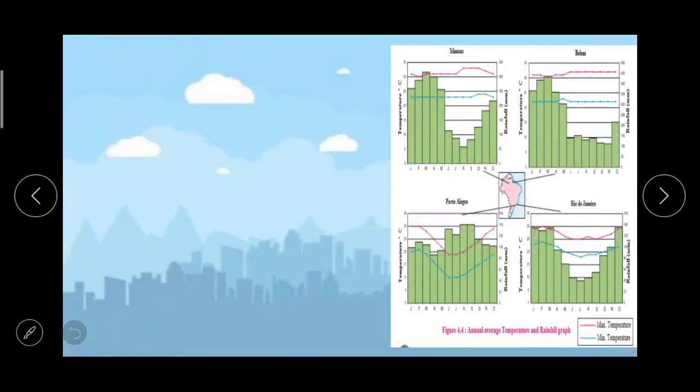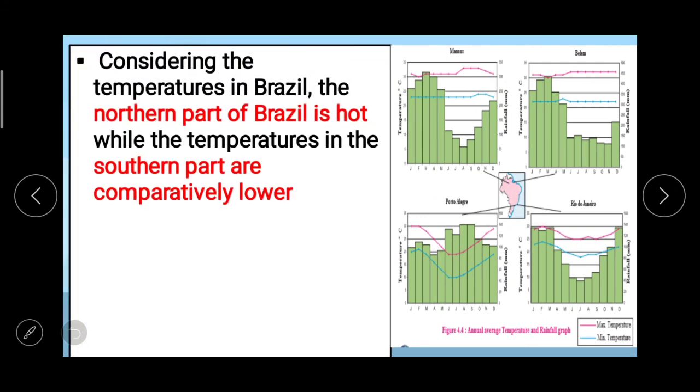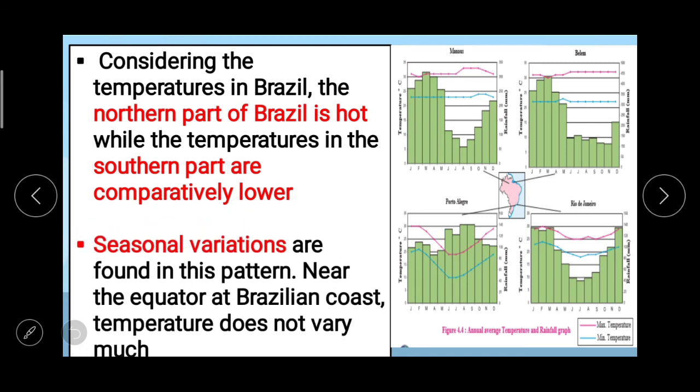Then the next one: considering the temperatures in Brazil, the northern part of Brazil is hot, while the temperatures in the southern part are comparatively lower. Seasonal variations are found in this pattern.